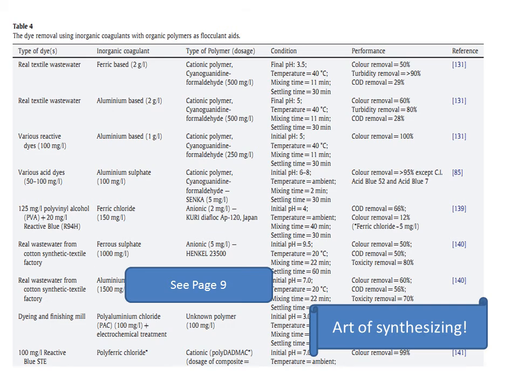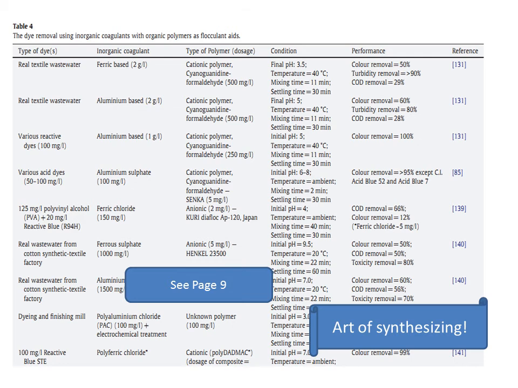For example, here you can see I put here the type of dyes. You can see real textile parameter, and this is synthetic one. Okay, and this is single dyes. Various things. Actually, the table is a long table.